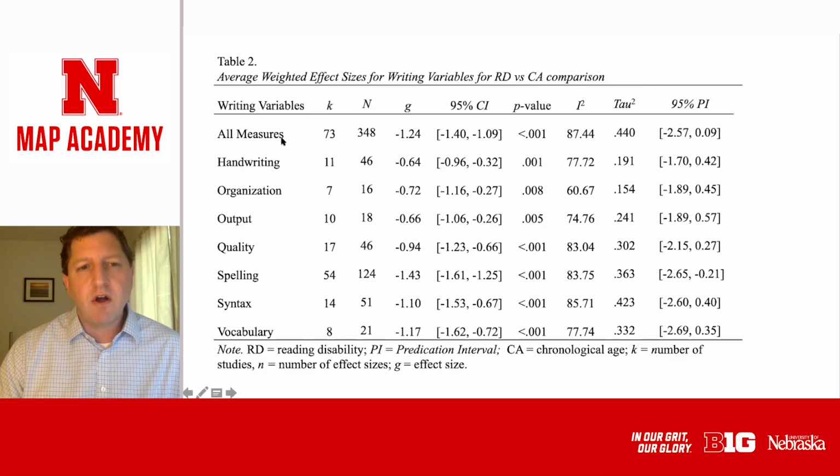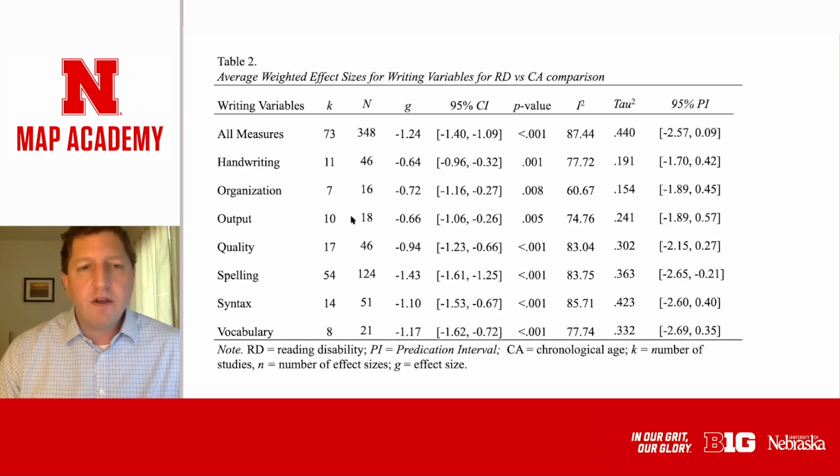So rather than having all my measures, I wanted to examine whether the effect was significant for handwriting measures only, or organization only, output only, that sort of thing. And so I can run each of these separately. You can see that I've got an I-square, a tau square, and then my prediction interval around each one of these, and then the confidence interval, which is where I think the true effect lies.